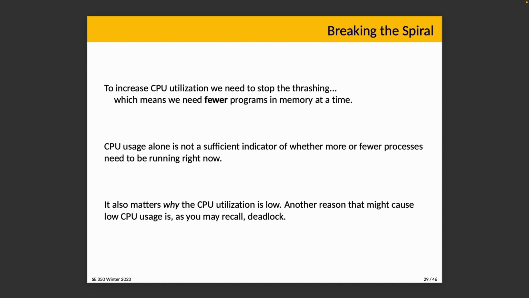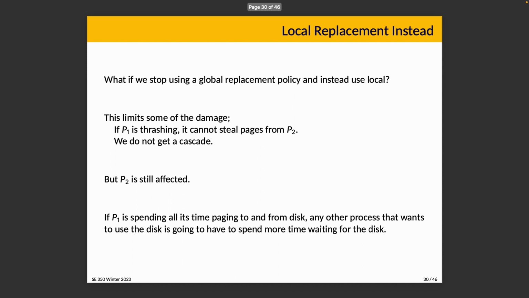Another reason that causes low CPU usage, for example, is deadlock. It doesn't mean that there aren't enough programs. It means we have a different kind of problem, and we need to take action to solve that, as opposed to just starting more things, which may themselves just get snared in the deadlock. So it's not always so straightforward.